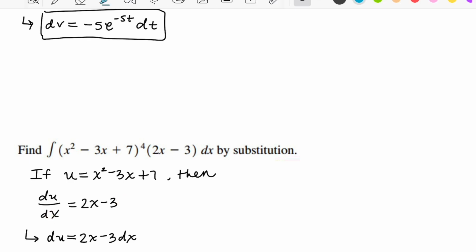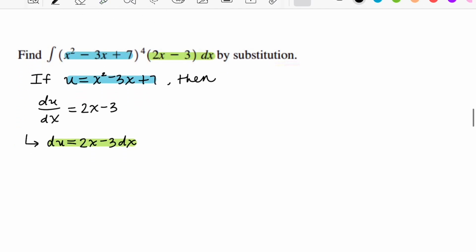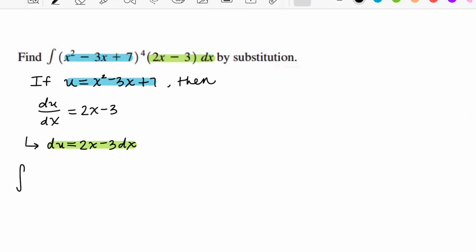Notice then that this u here is equal to this, and du here is equal to this, 2x minus 3 times dx. So what we can do is rewrite this with x squared minus 3x plus 7 to the 4th power times 2x minus 3 dx. Should have parentheses on this too.